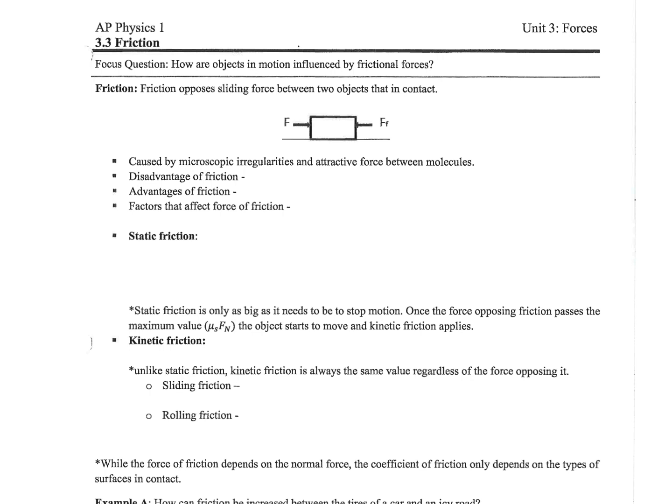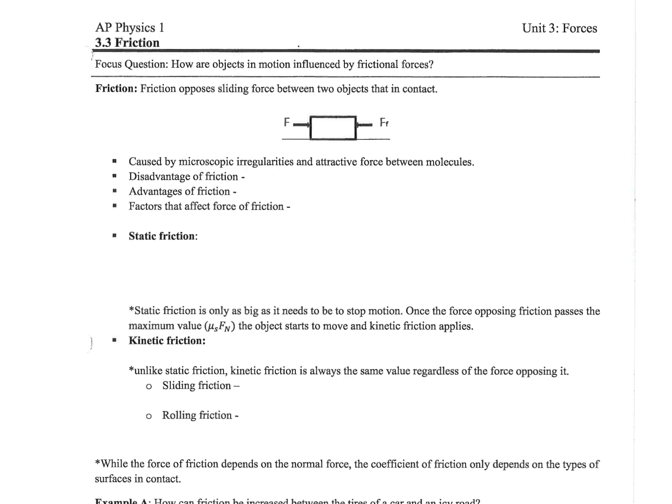So the surface area contact doesn't matter, but the mass does, because friction is a product of the normal force. Think about that. If you've got microscopic imperfections catching on each other, if you put more mass down, what happens? They catch harder and more of them catch, don't they? So how heavy something is does make a difference in how it pulls.